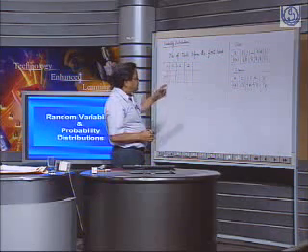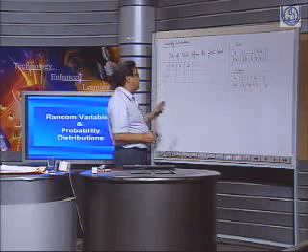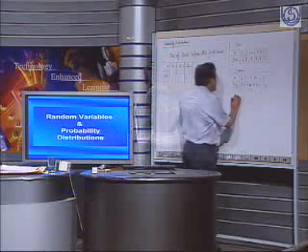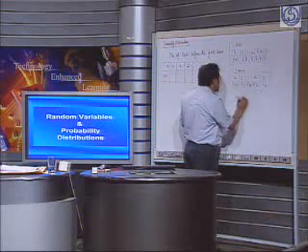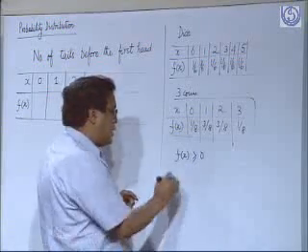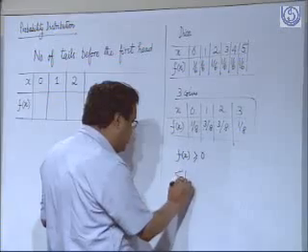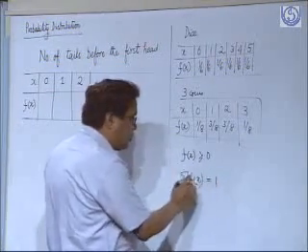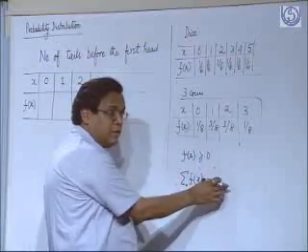Now one interesting thing, have you observed? There are 2 things which emerge from this table. One is that f(x) is greater than or equal to 0, and the sum of f(x), this is a summation sign, is equal to 1. So these 2 conditions have to be valid.